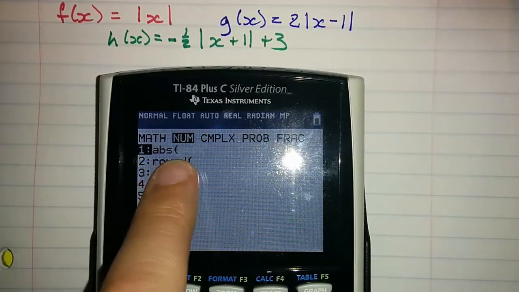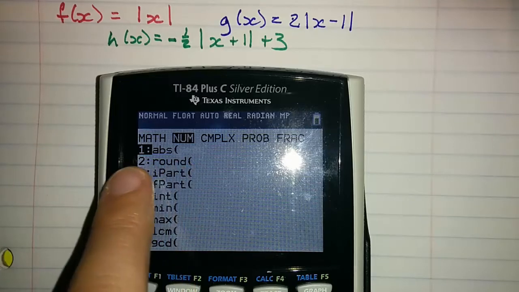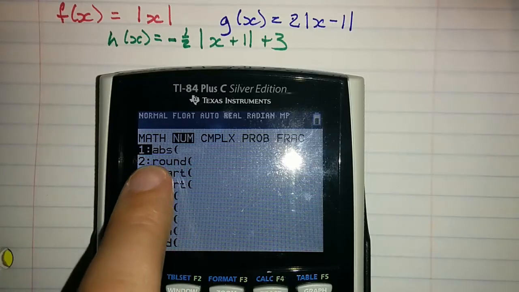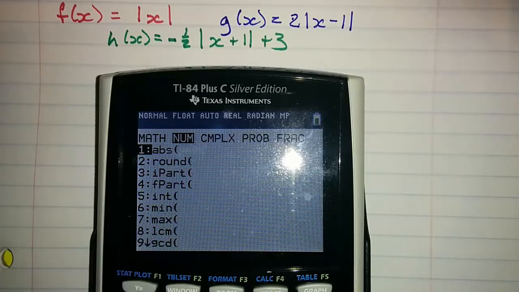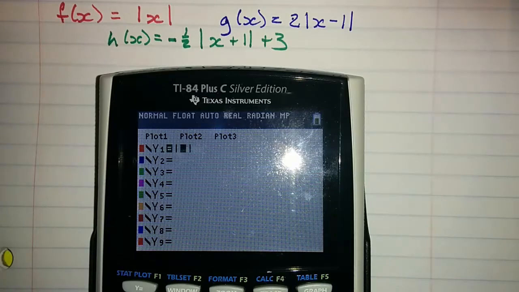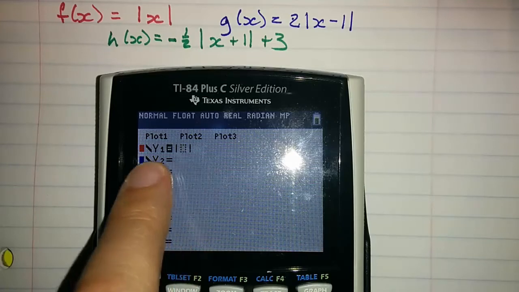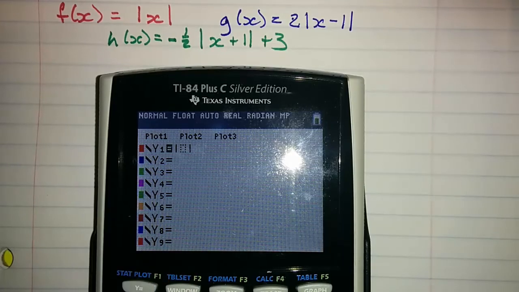And you can see the very first choice on this list is ABS, which means absolute value. So I select that, and on my screen it actually gives me the 2 vertical absolute value bars. Depending on exactly which model of calculator you have, it might type the letters ABS and some parentheses for you.